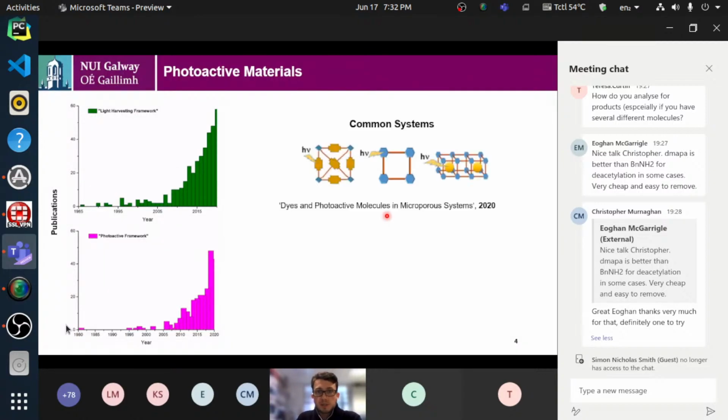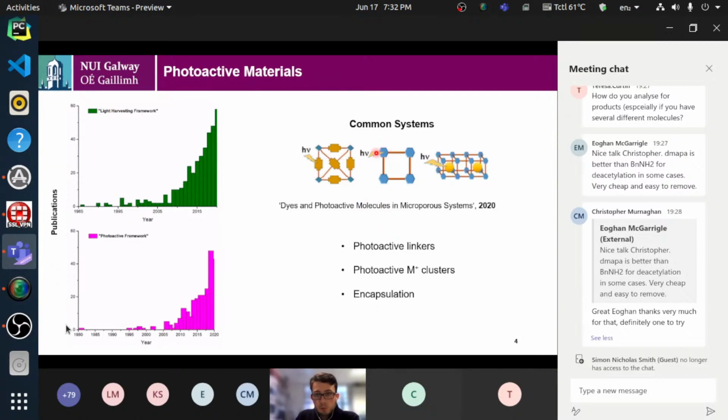So these materials can take 3 fairly common forms, and they tend to be metal organic frameworks and covalent organic frameworks. And they involve, like I say, 3 different forms. One of them involves using photoactive linkers, so linking organic substrates that can link between metal centers that are photoactive, so light harvesting.